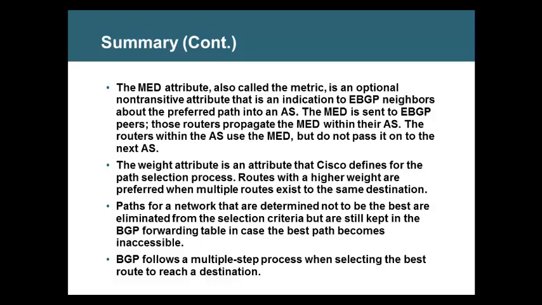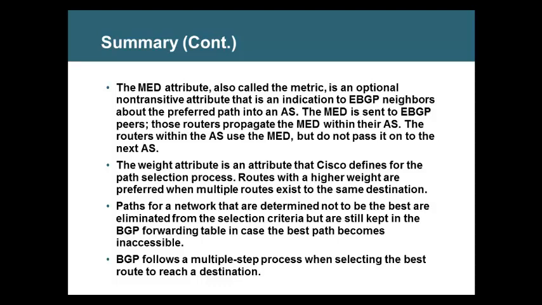Weight is an attribute which is local to the router. Higher weight neighbor is preferred. It is used only when we have multi-exit to the same destination, and it is defined by Cisco. Paths for the network that are determined not to be the best are eliminated from the selection criteria but are still kept in the BGP forwarding table.